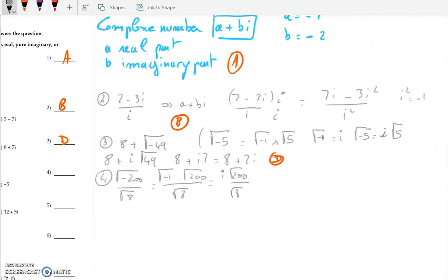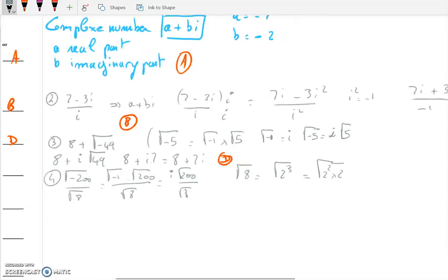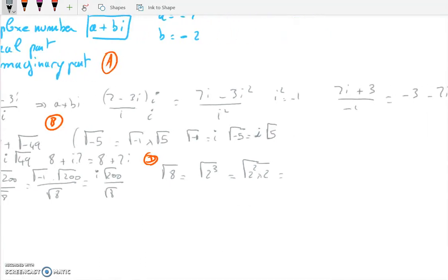What is the square root of 200? Well, first of all, what is the square root of 8? The square root of 8 is the square root of 2 cubed, which is the square root of 2 squared multiplied by 2, which corresponds to the square root of 2 squared multiplied by the square root of 2, and I end up with 2 square root of 2.